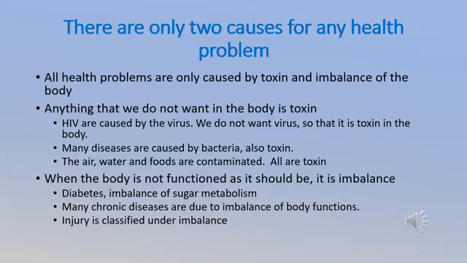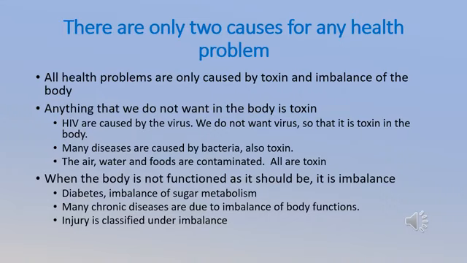HIV is caused by a virus. We do not want a virus, so it is a toxin in the body. Many diseases are caused by bacteria, and we do not want bacteria inside the body. It is also a toxin. Many problems nowadays are also caused by contamination of the air, water, and foods. All these are toxins, and they cause a lot of problems in the body.